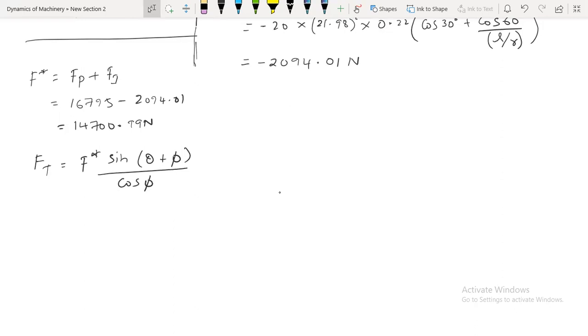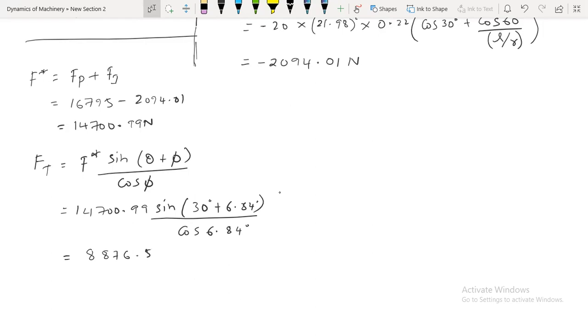Substituting the piston effort of 14,700.99 into sine of 30 degrees plus 6.84 degrees, divided by cos 6.84 degrees, you will get the Ft value as 8876.59 newtons.